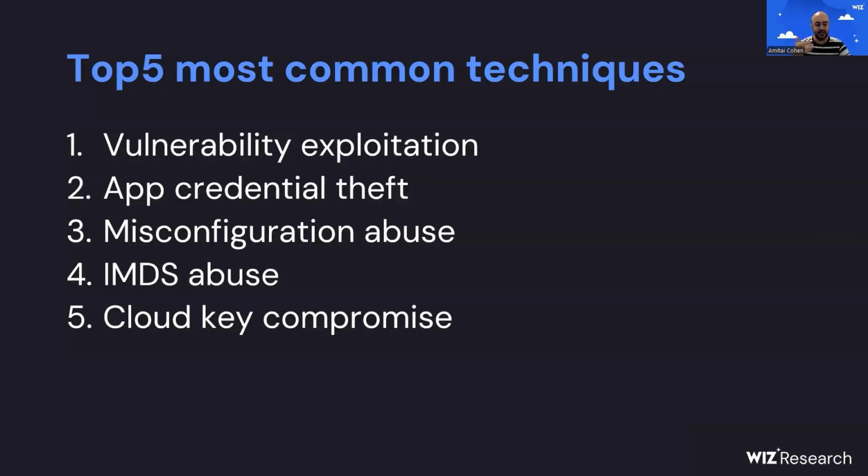Secondly, we see them stealing credentials for apps. We see them abusing misconfigurations, often software misconfigurations, not necessarily cloud misconfigurations. We see them abusing the IMDS service when they gain access to compute. And we see them focusing on stealing cloud keys, because cloud keys are very, very valuable because they provide access to everything else in the cloud environment and they allow you to move laterally.